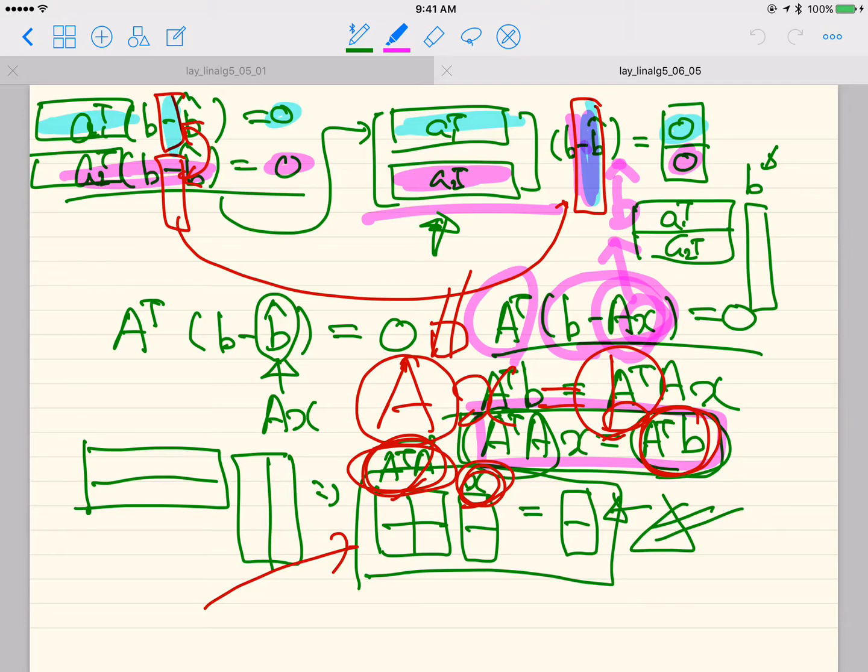Also, in this equation, as we saw in some examples last time, A transpose A will always be a square matrix. It's not a tall and thin matrix or a short and fat matrix. Our new matrix in the linear system will always be square.